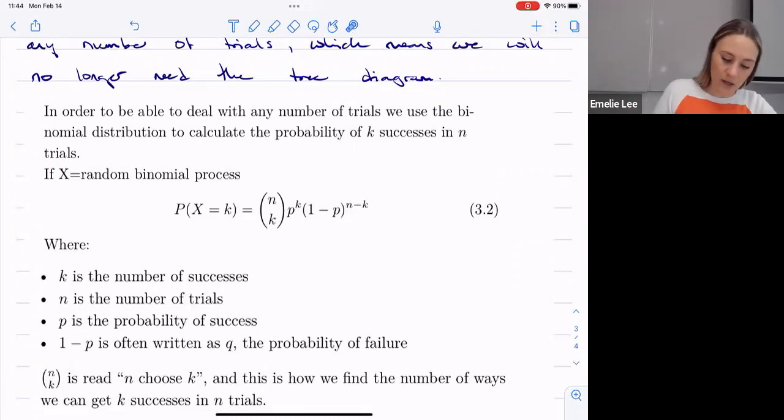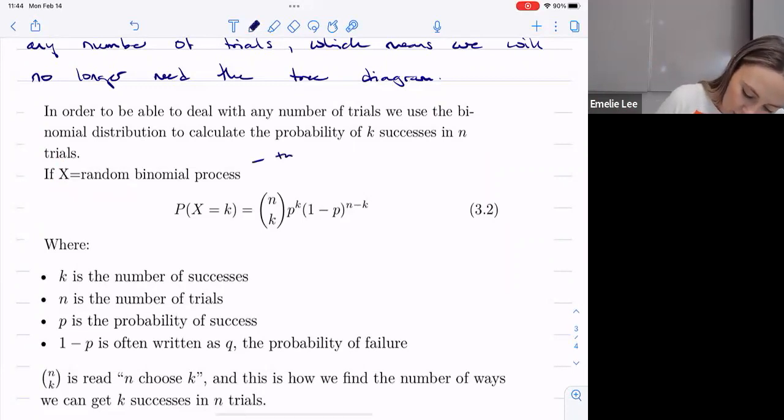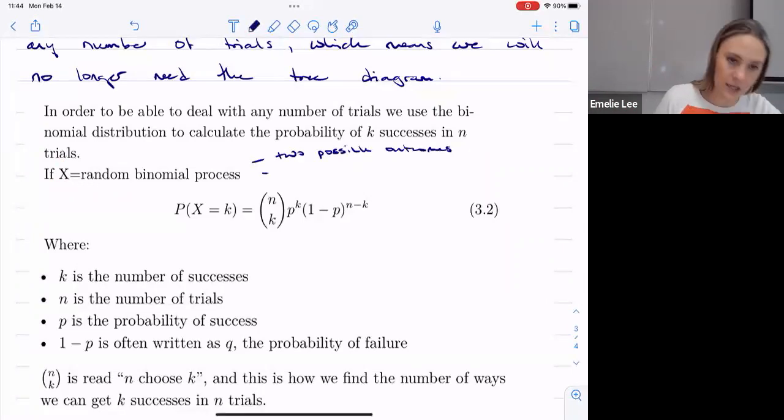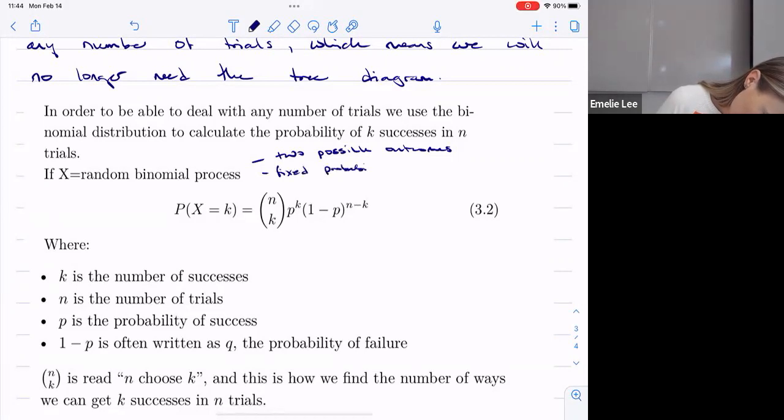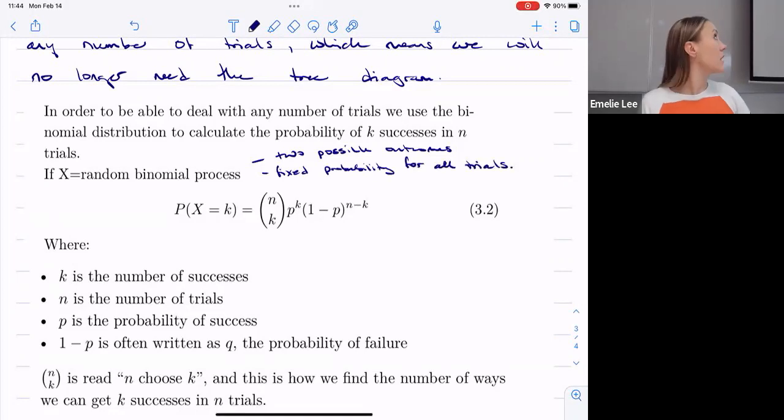And if X is a random binomial process, which means that we have only 2 possible outcomes and the same fixed probability for all trials. Right, just to take it back to there.